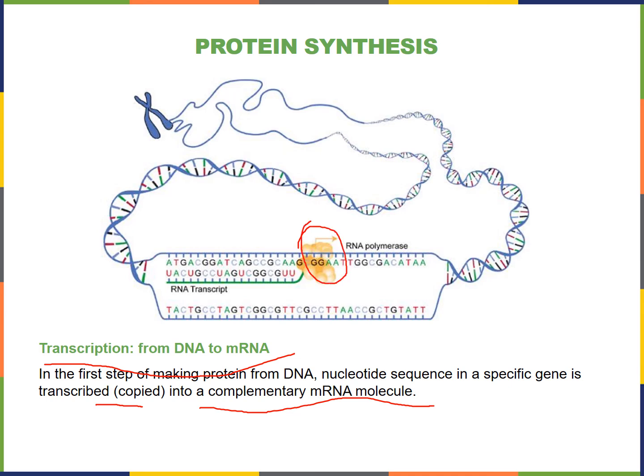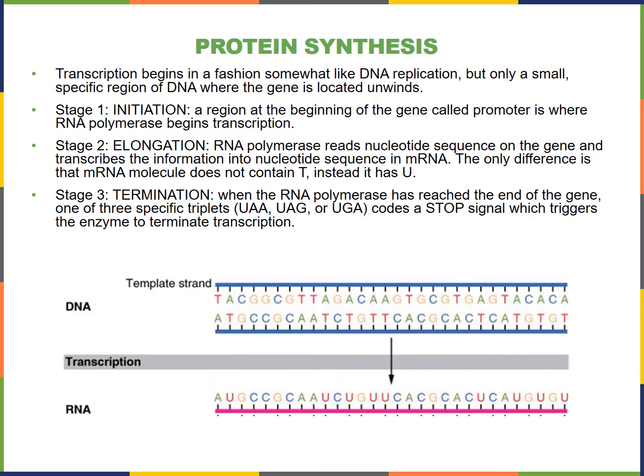Here is the template strand again, and we take this copy through transcription to make the other strand. The complementary nucleotides are put in place: A is put next to U, then A, G, C, C, G, etc.